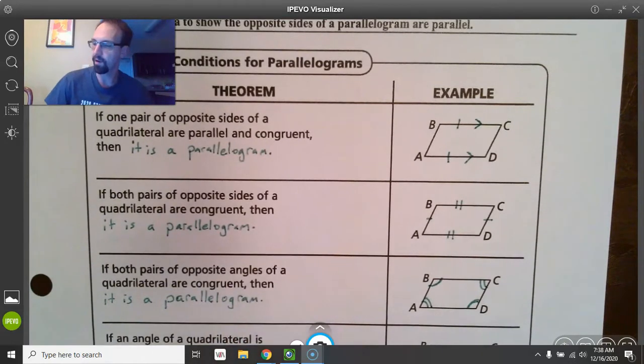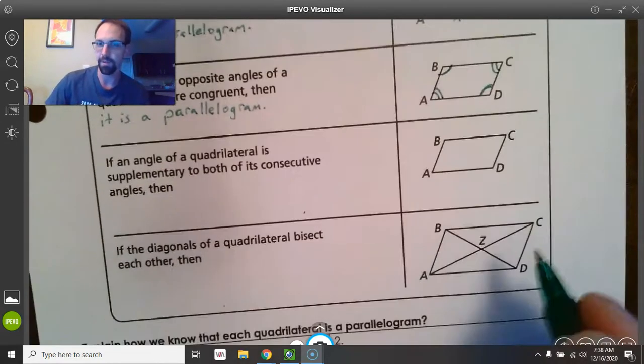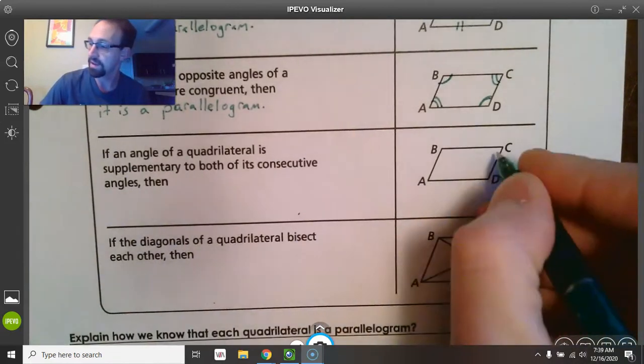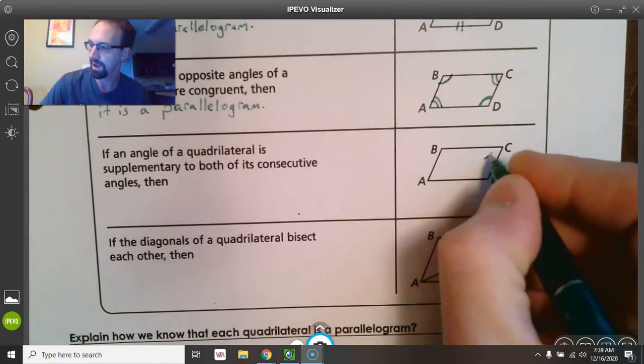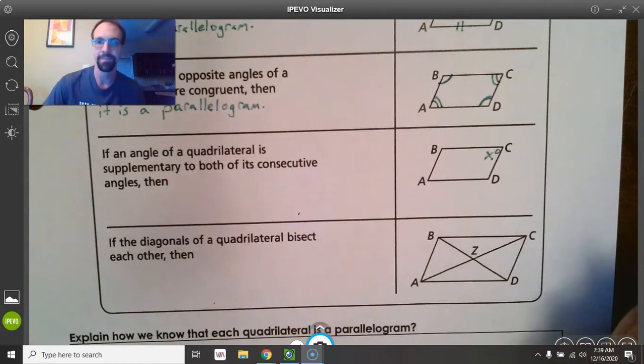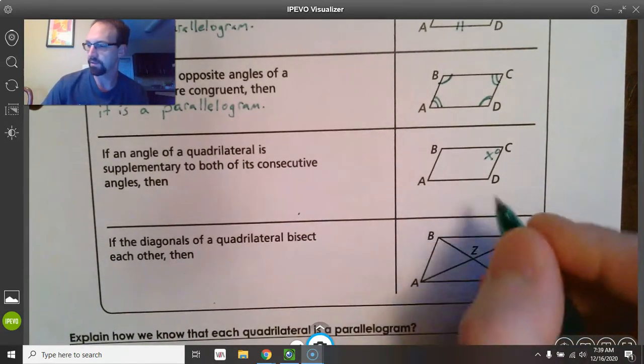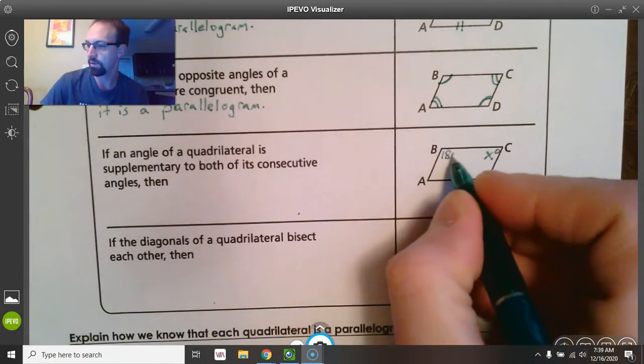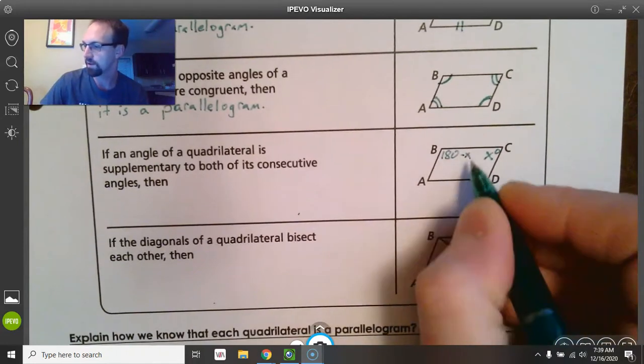If an angle of a quadrilateral is supplementary to both of its consecutive angles, then, well, what it means if an angle is supplementary to both of its consecutive angles. So if I have an angle here, so let's say angle C is X degrees, then angle B and angle D are going to both be 180 minus X degrees.